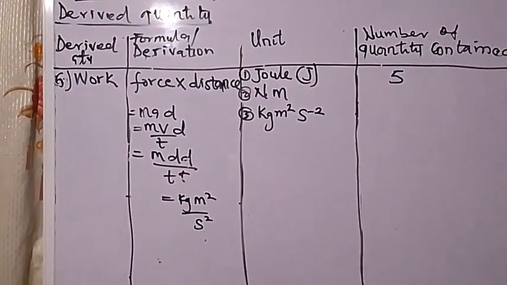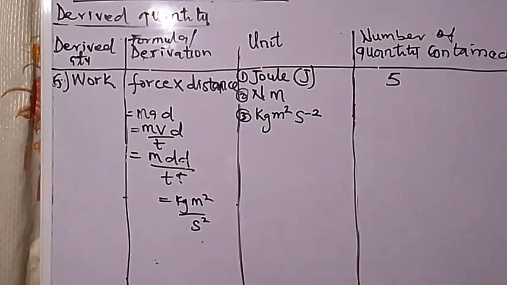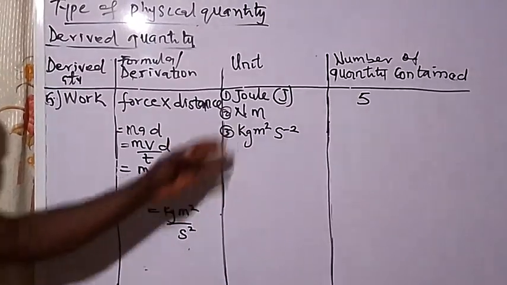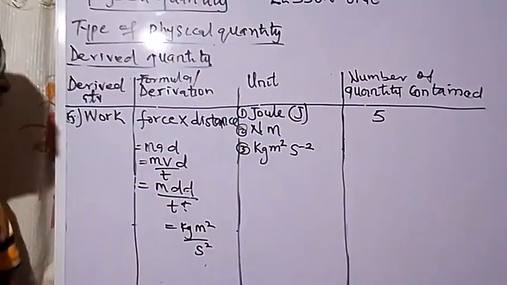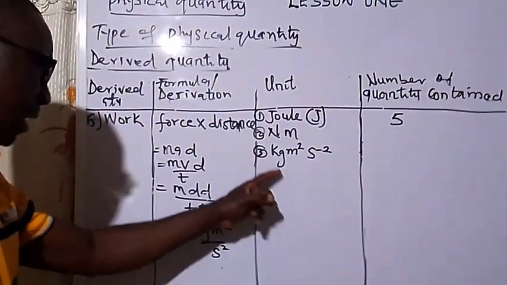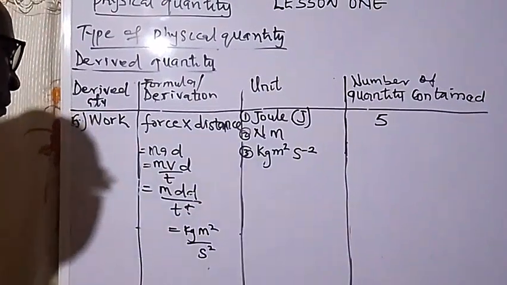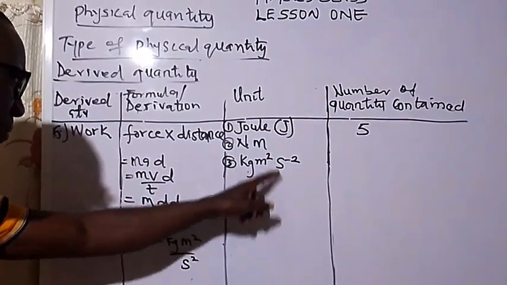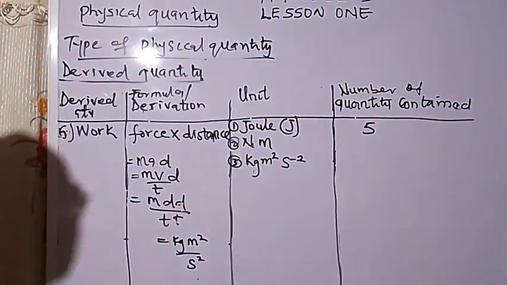Kilogram meter square per second square. Now, from this series of units that we have for work, you can see that the basic unit of work is kilogram meter square per second square.